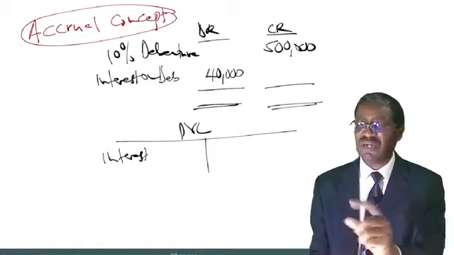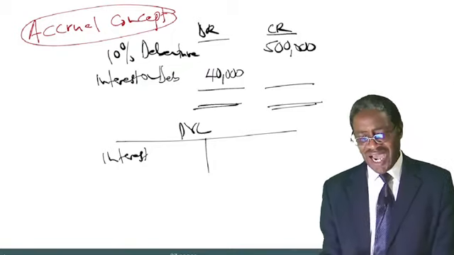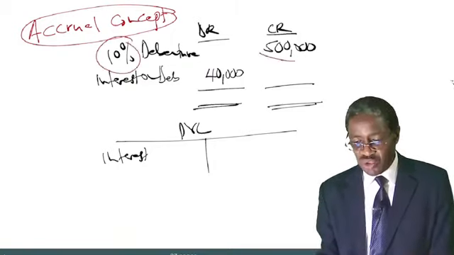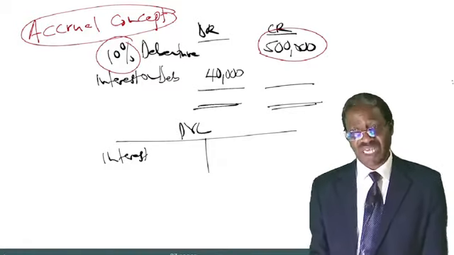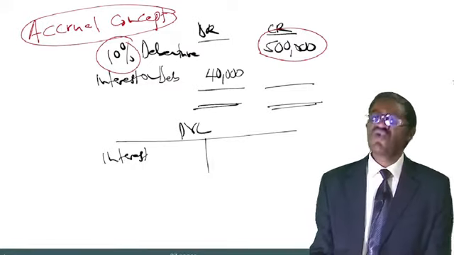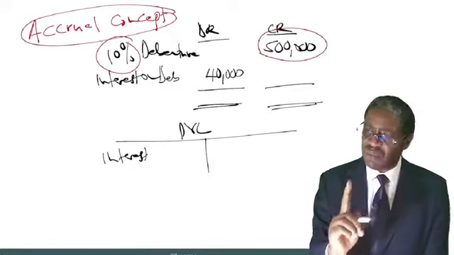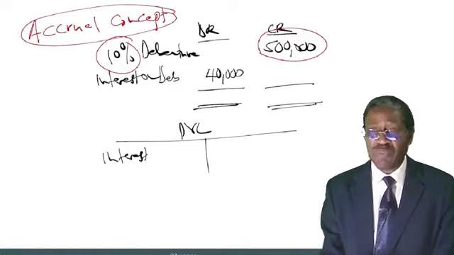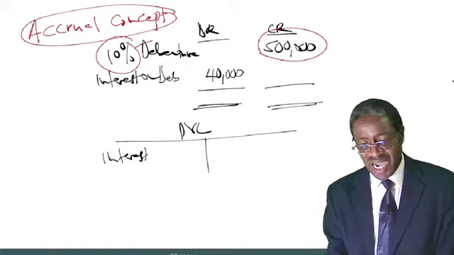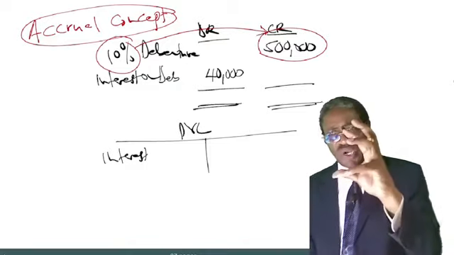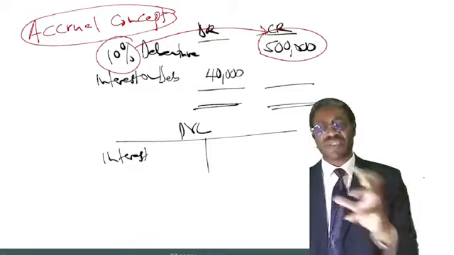Listen now. This company has a 10% debenture amounting to 500,000. Therefore, as a company, you are required every year to pay your debenture holders interest at 10%.